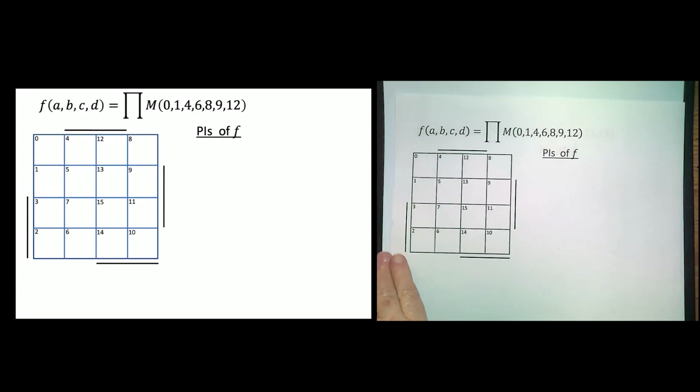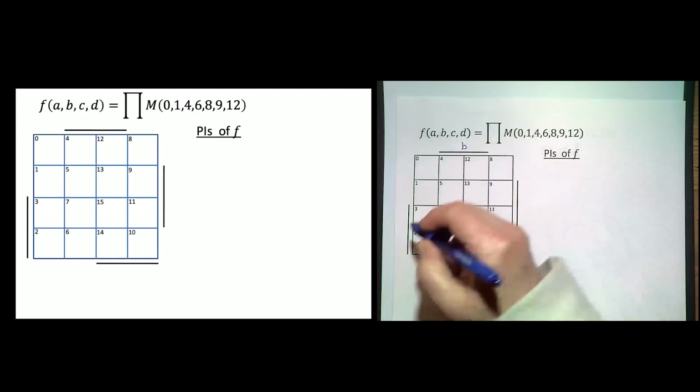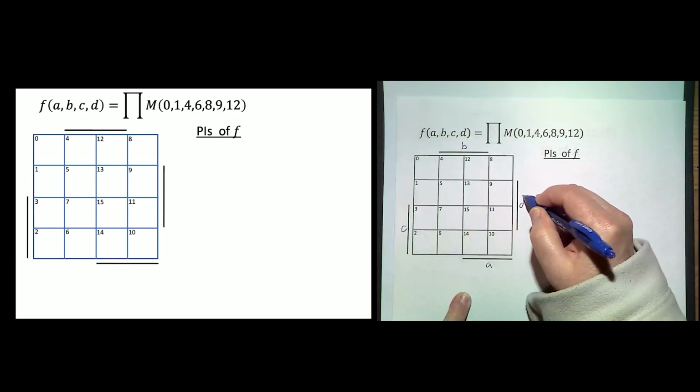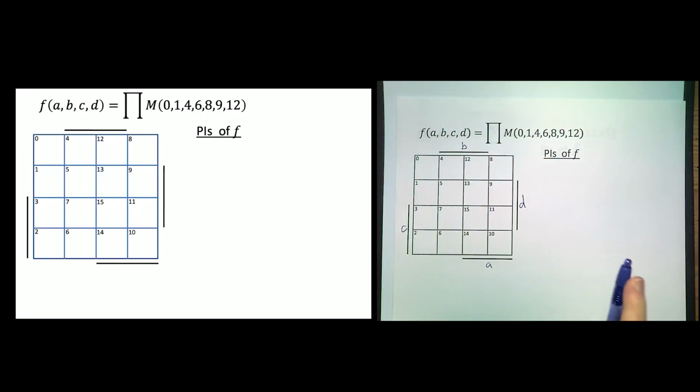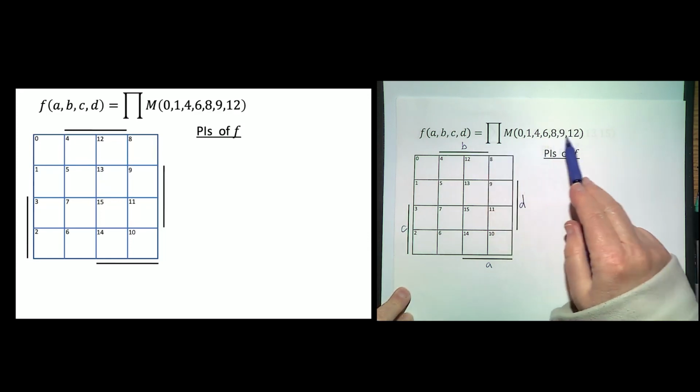Okay, so this time I will be sure to label my K-map to begin with. I need a colored pen. We'll use green. All right, so this time we were given the offset, right?